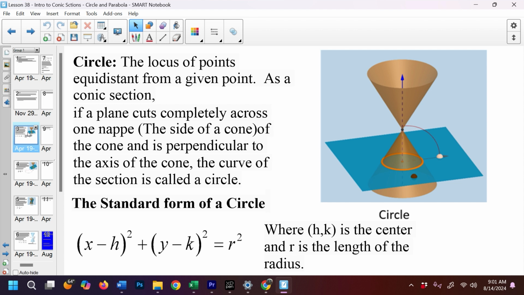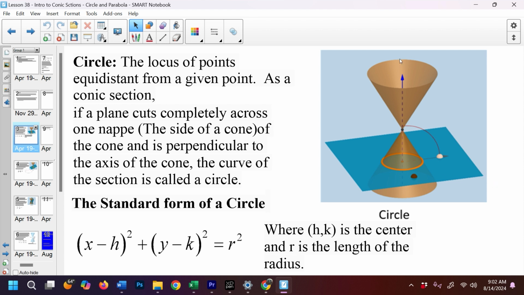Circle is the first conic section that we're going to be talking about, and the locus definition is the locus of points equidistant from a given point. If we were to define it as a conic section, if a plane cuts completely across one nappe, the side of the cone, and is perpendicular to the axis of the cone, the curve of the section is called a circle.